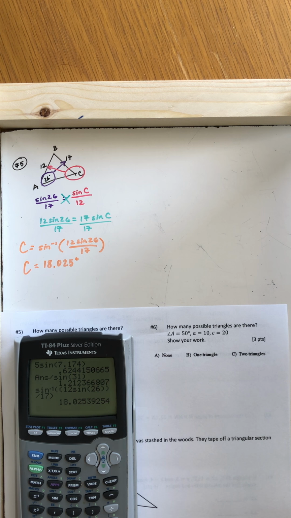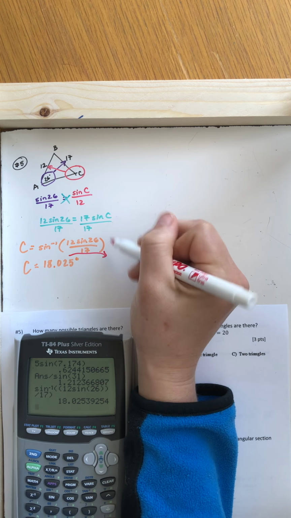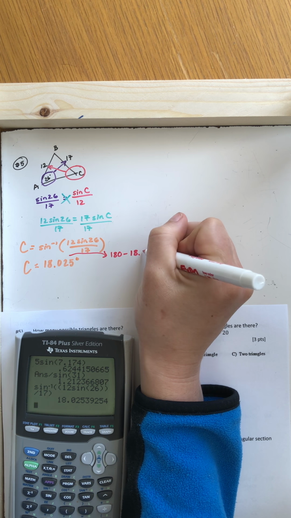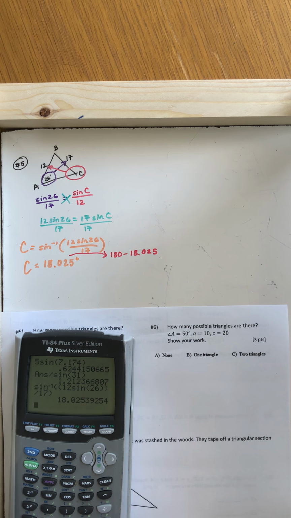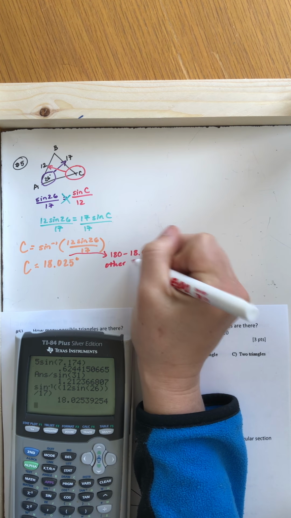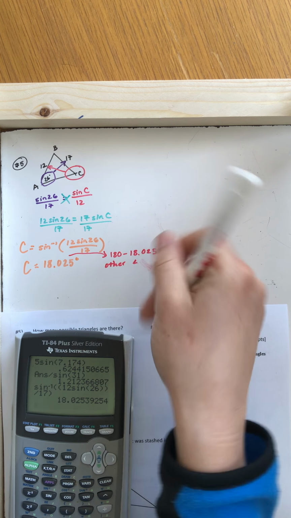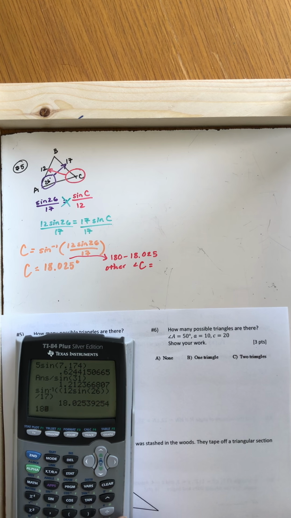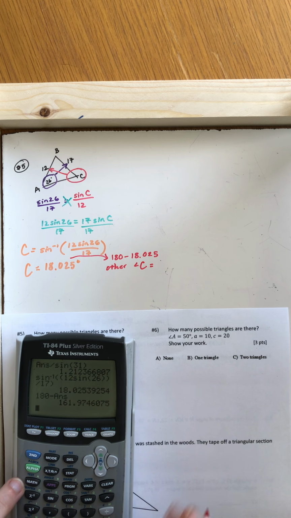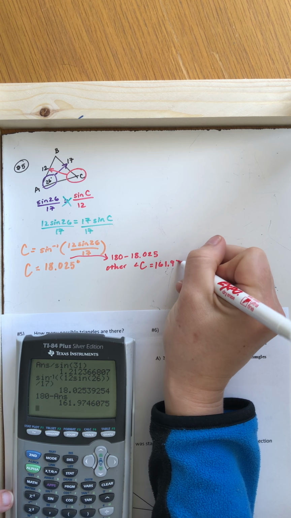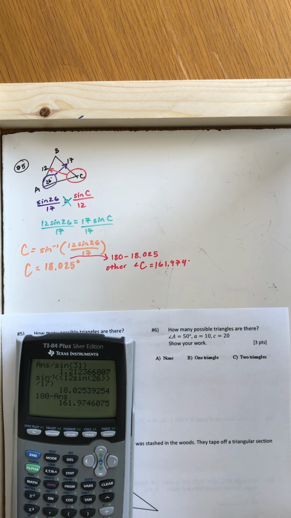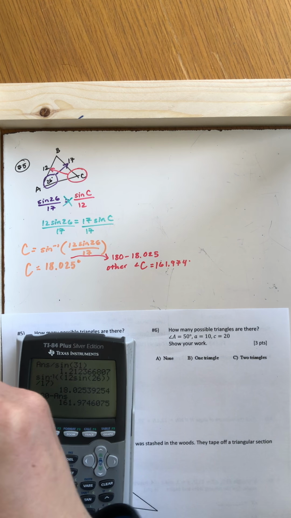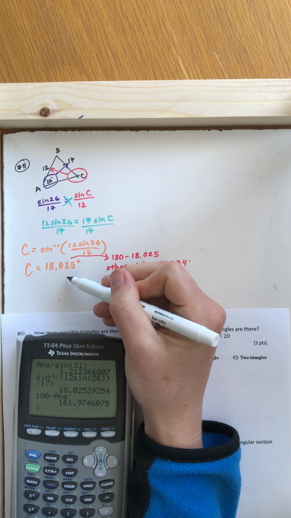That means the other option for angle C is when you take 180 and you subtract the 18.025. So that's the other angle, not A, the other angle C. Now we know that this first angle works because we did not get an error or anything.